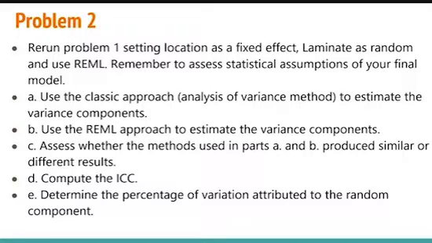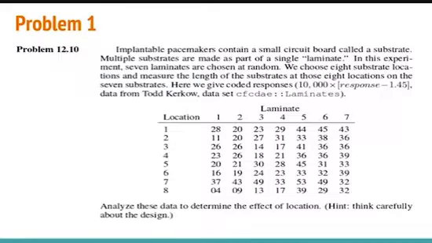And some of you have asked me, do I need to consider interaction here? Of course, no. Why? Take a look at the data architecture. We have one observation per cell. Interaction will never work. The only condition under which you can consider interaction is when you have at least 2 observations per cell.